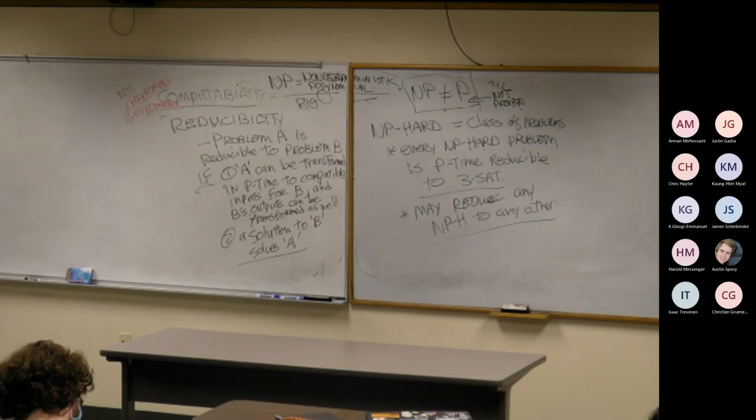If you found a solution for one NP-hard problem, you think of them as these are the hardest problems, and if you can find a polynomial time solution for any one of them, then you can solve them all by simply first applying your p-time reduction to get it to 3-sat, and then if you had the solution for 3-sat, you could solve everything else by reducing it to 3-sat and then solving the 3-sat, and then if you had to, p-time transformation back to get the results that you wanted.